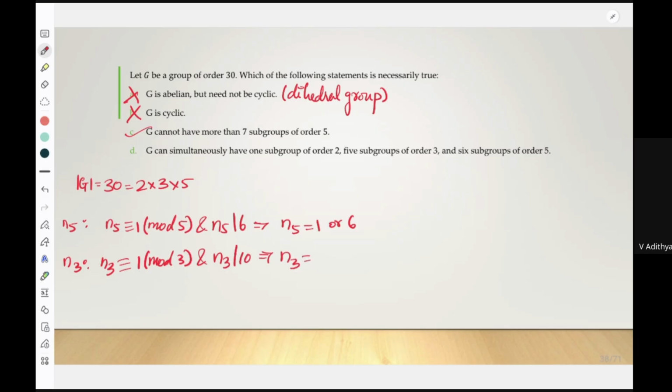So you can have N3 equals 1 or 10. These are the only 2 possibilities. So in no way can G have 5 subgroups of order 3. It can either have a unique subgroup of order 3 or it can have 10 distinct subgroups of order 3. So D is false.